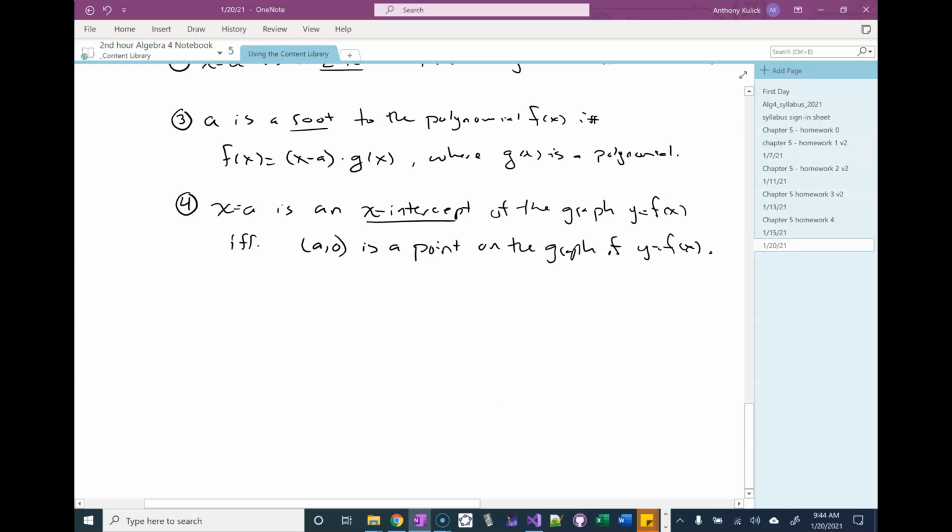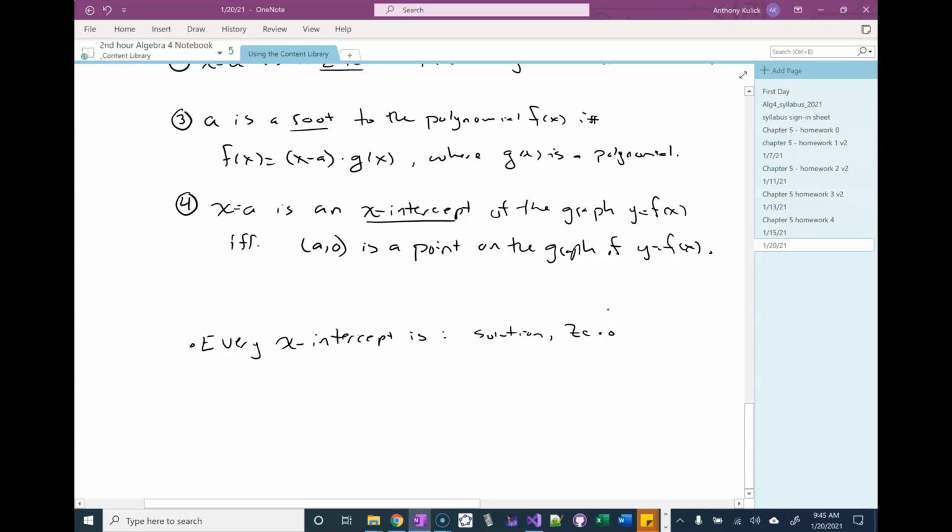So let's sift through this information and talk about the relationship between these things.